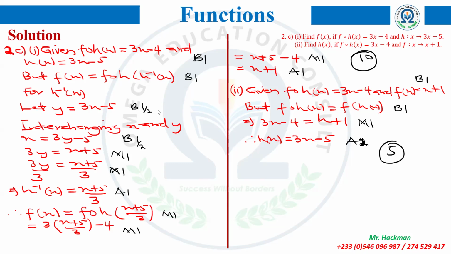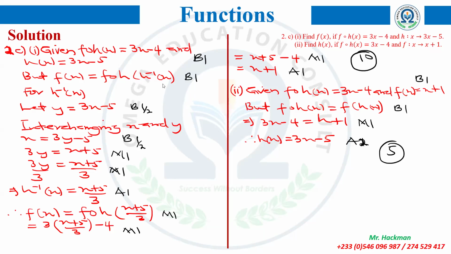So look at the mark allocation. If you extract, B1. Take note, I wanted to make it B half, but that's okay. So it's B1. This will also be B1, where you use this particular fact.